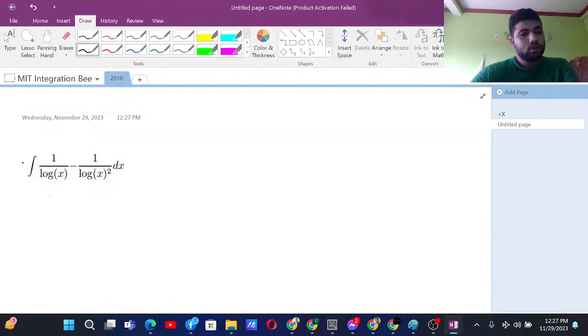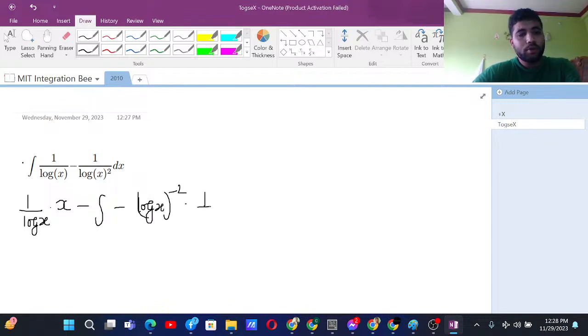So this can be solved basically by using integration by parts, where you take 1/log x as u and 1 as v. So we'll have 1/log x, and the integral of 1 is just x, minus, and now the derivative of this thing is just minus (log x)^(-2) times 1/x.